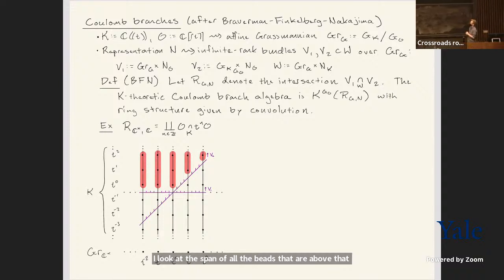That's V1 as a subbundle of W. And then V2 is similar, but what that twisted bundle means is that in the connected component labeled by t^n, I take the span of all the powers of t whose exponent is bigger than or equal to n. So in the picture, that means in each component, you take the span of all the beads that are above that diagonal line there. So there's V1, V2, and W. And you take their intersection, and in each component, it's the span of the beads that are above both those lines, the beads that are highlighted in red there. Questions about the picture?